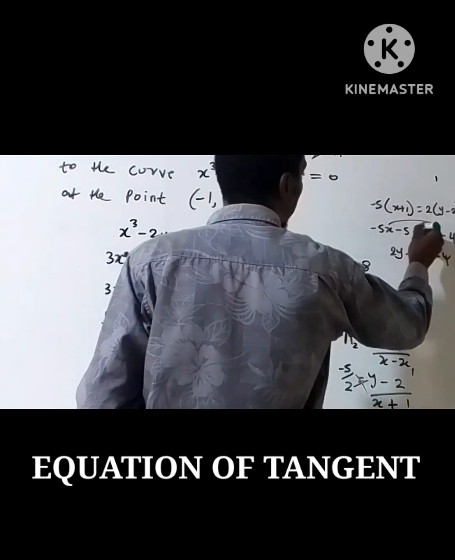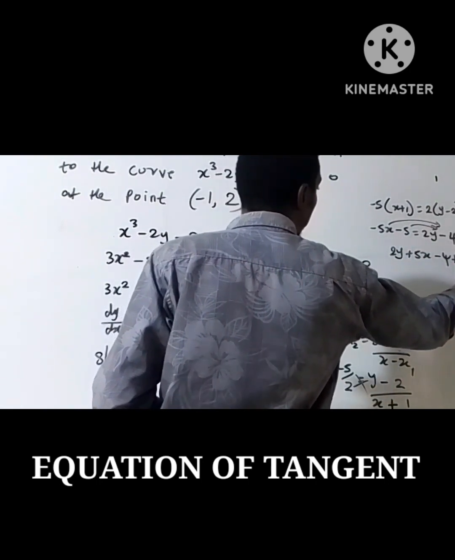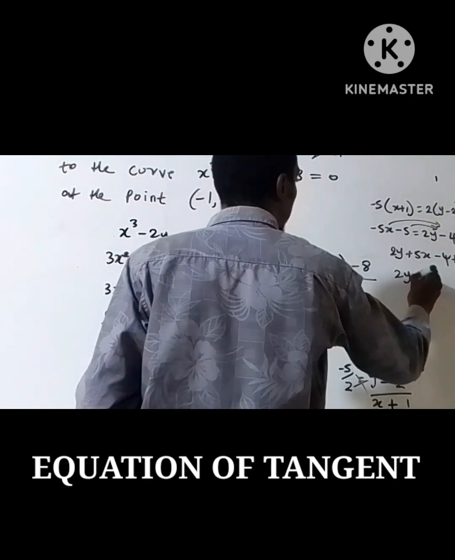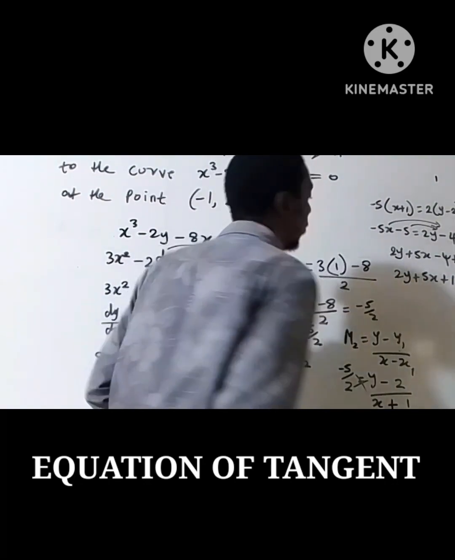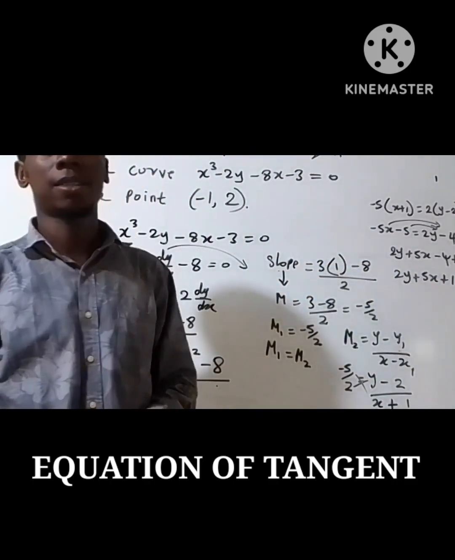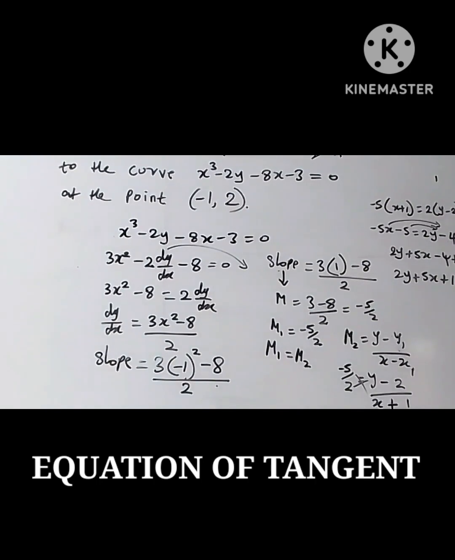So I will have 2y plus 5x minus 4 plus 5 equals 0. This is 2y plus 5x plus 1 equals 0. And that's the answer.